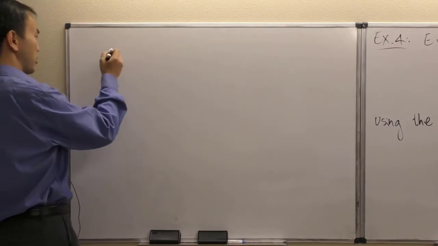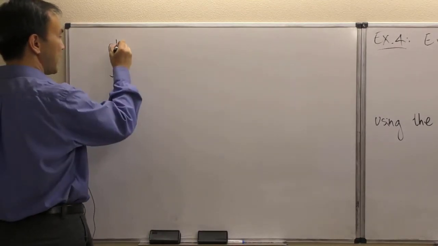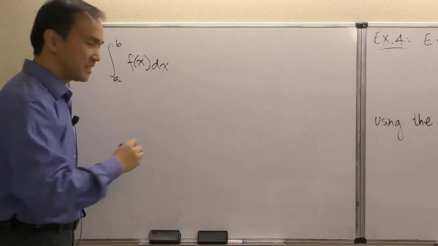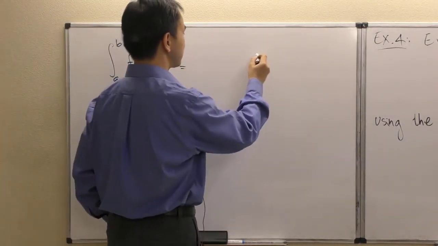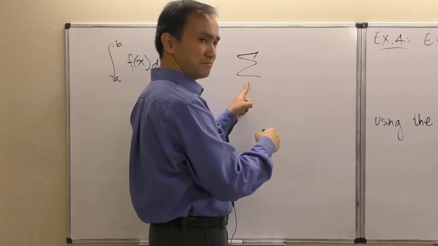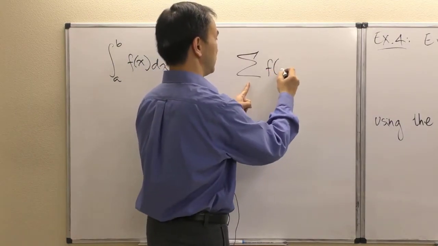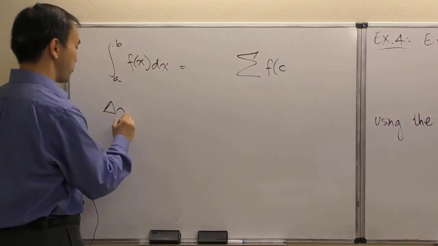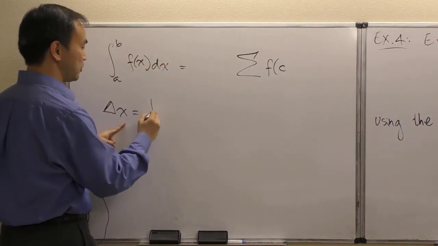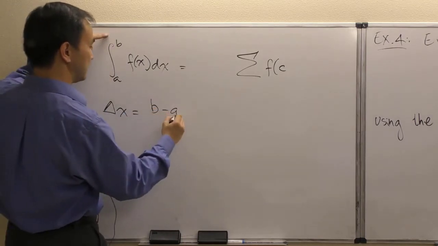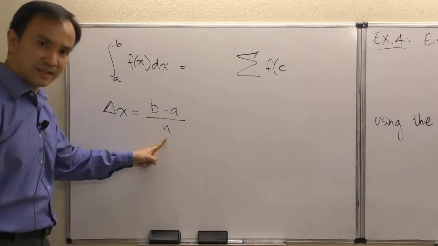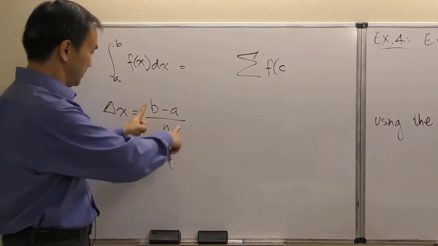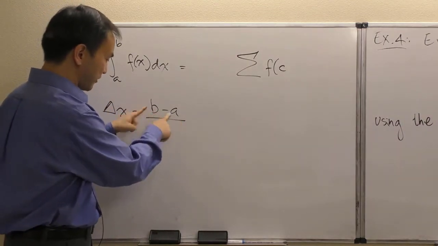For any integral, a definite integral from a to b, is a Riemann sum, where first of all we break our interval from a to b into n subintervals, and then the delta x is the width obtained by b minus a divided by n.